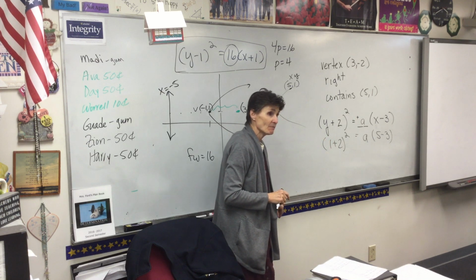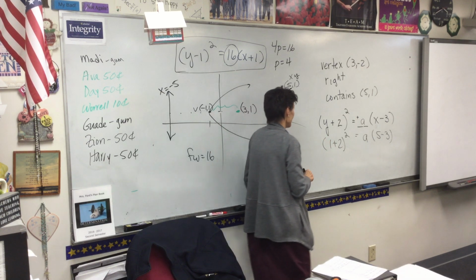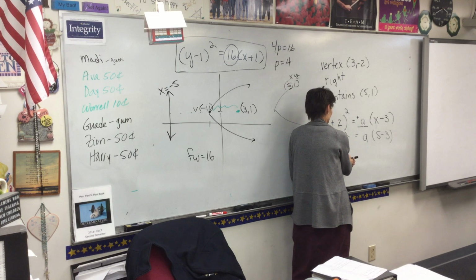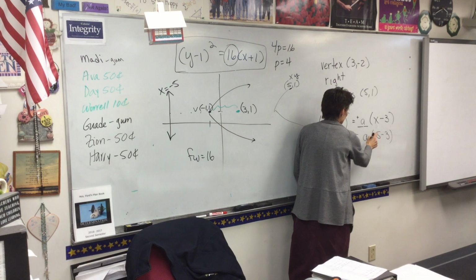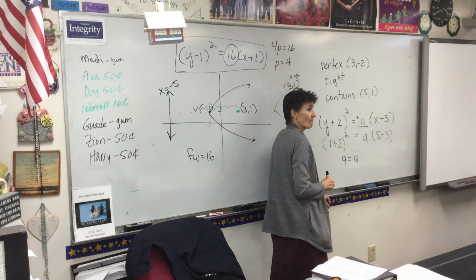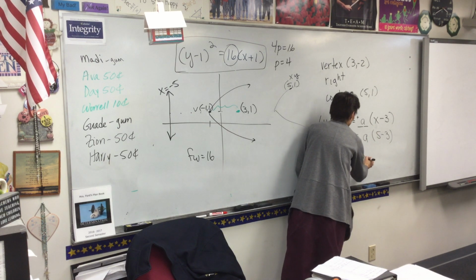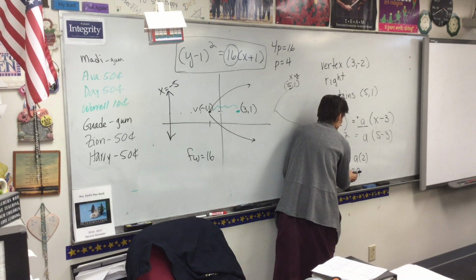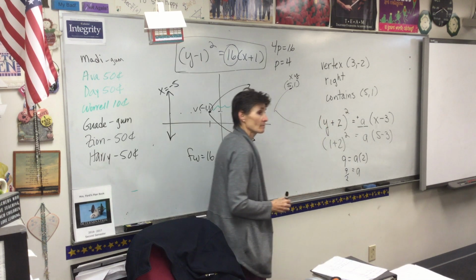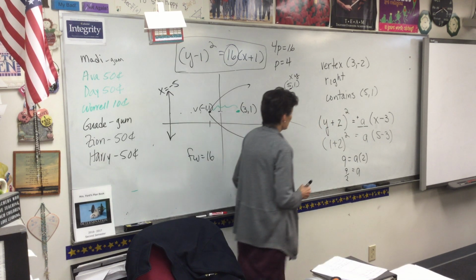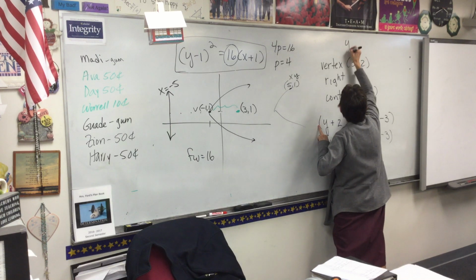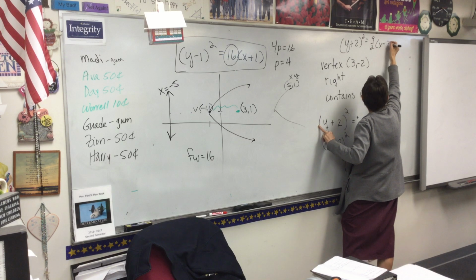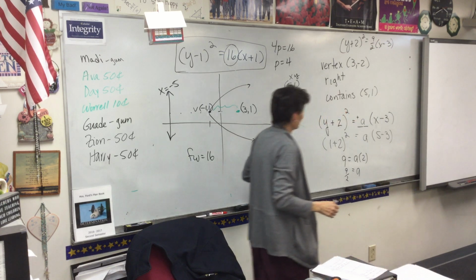Can I figure out my A from this now? I sure can. So 1 plus 2 is 3, squared is 9. And 5 minus 3 is 2. I don't square that one, it's just 5 minus 3. So A equals 9 halves. So the answer to the question is (y + 2)² = 9/2 (x - 3). 4.5 is fine.